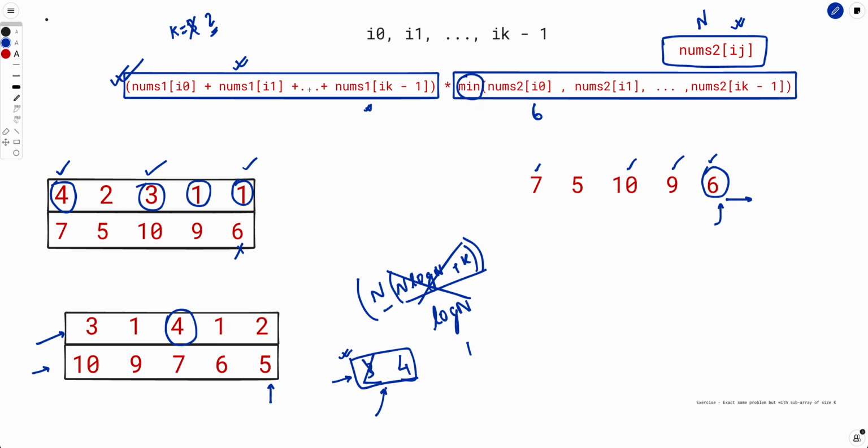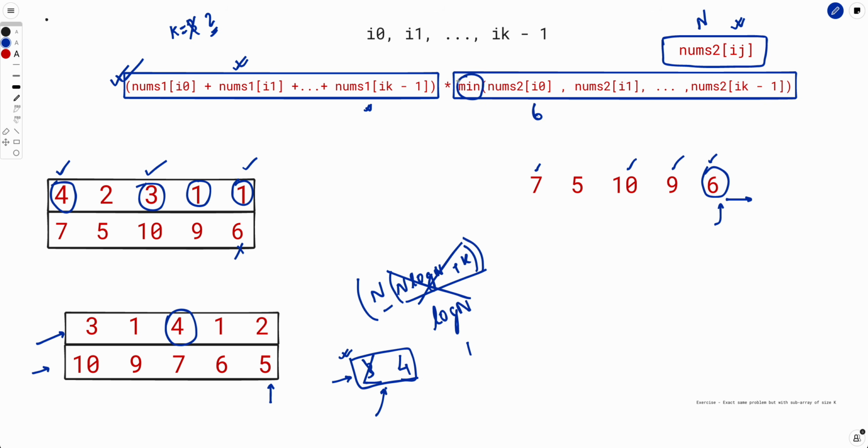So here there are two operations, addition and minimum. Addition is not very helpful here. We saw that minimum is an interesting operation because the value of this entire expression would be one of the values of nums2. And how many distinct values of nums2 are possible? Only n.